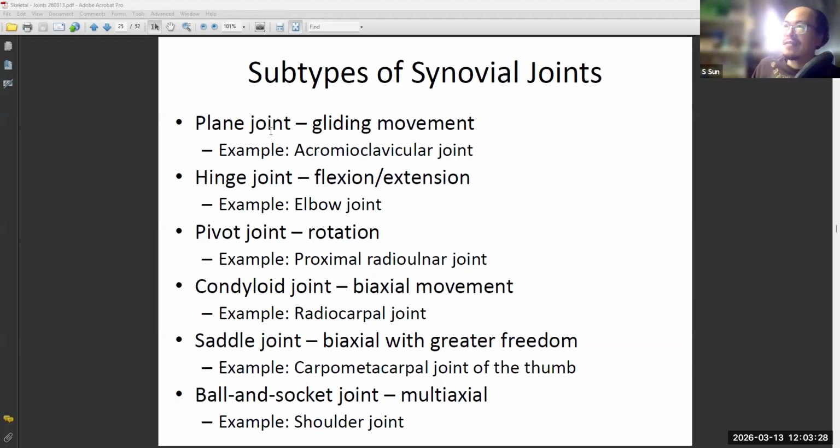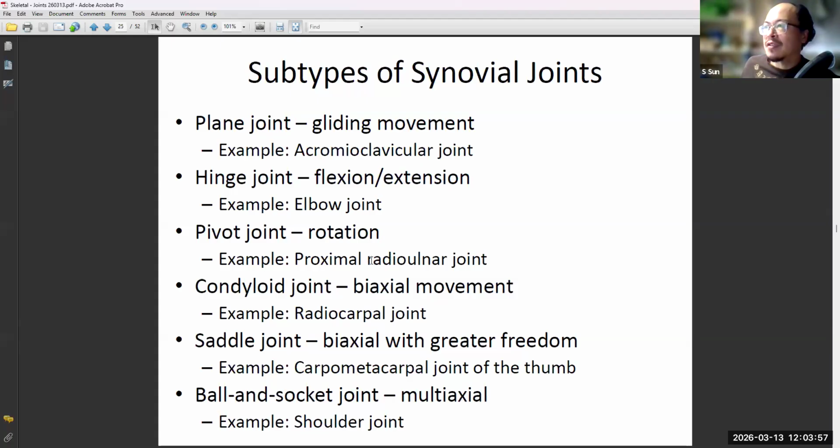We have the plane joint, which allows gliding or sliding movement, like the acromial clavicle joint. Hinge is the one that is the elbow, right? Elbow, yes. Flexion, extension. Pivot joint allows rotation.